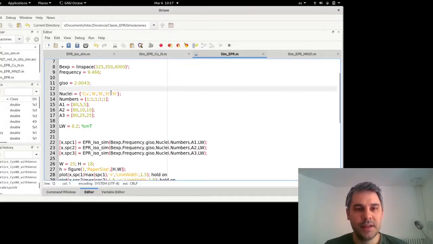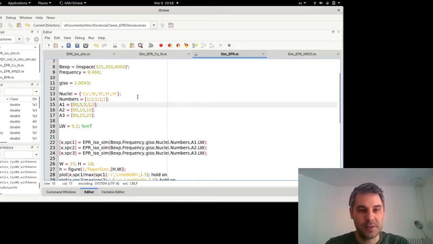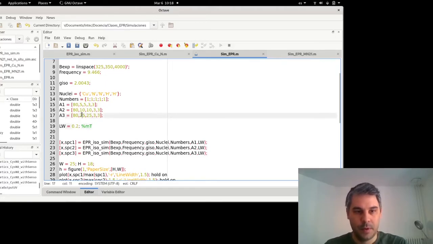But in reality, there are usually in molecules a lot of nuclei, for example hydrogens, that give some small unresolved couplings. So in here I have added 2 hydrogens, each of them with a number of equivalent nuclei equal to 1, and I will add small hyperfine splittings of 3 megahertz to all these simulations. And let's reduce again the values back to the original.